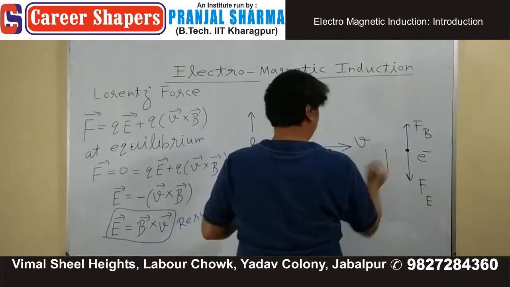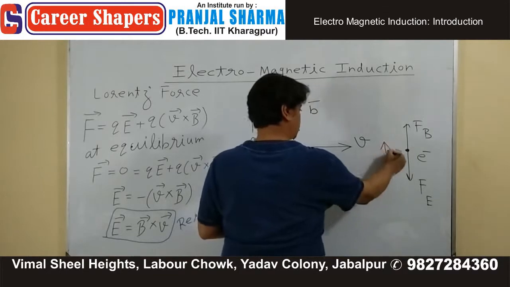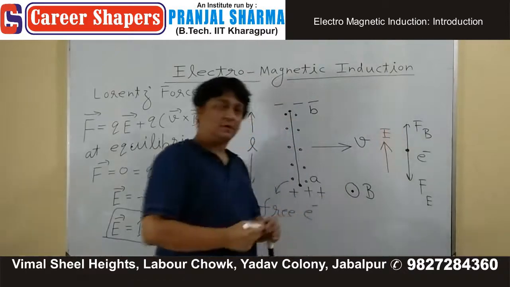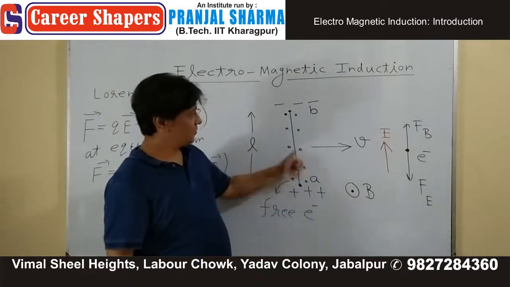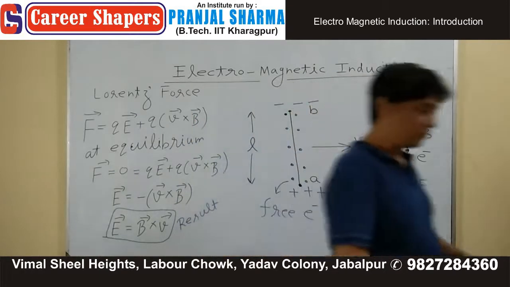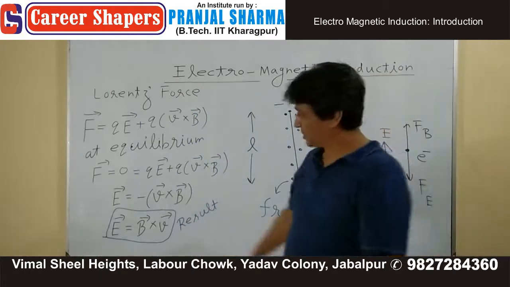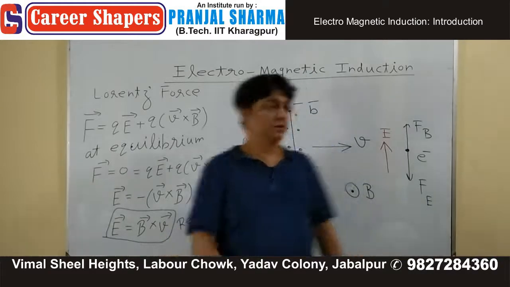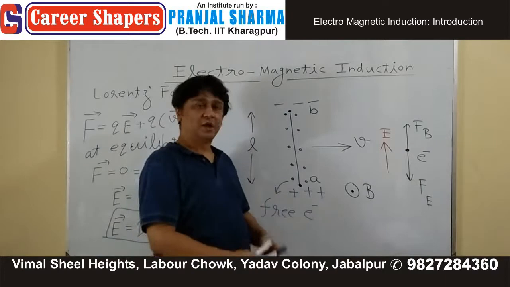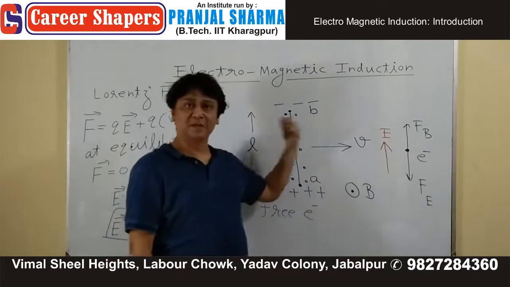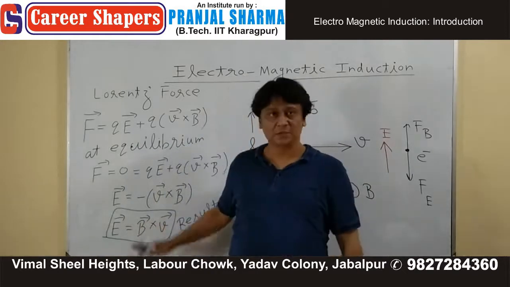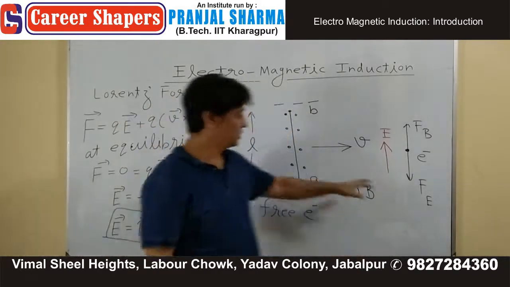It was this, away from positive towards negative. This is the direction of electric force. So, that's the advantage of maths. It will take care of everything. Even if you are confused, even if you are committing silly mistakes, leave everything to maths. It will take care of the whole thing.